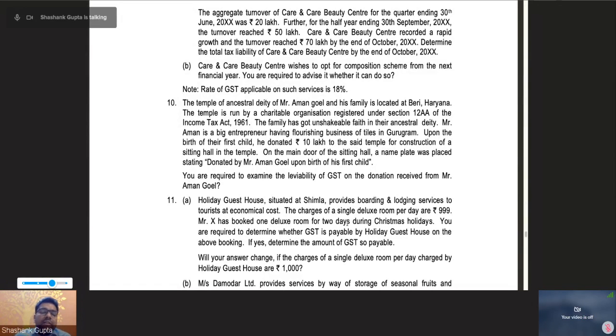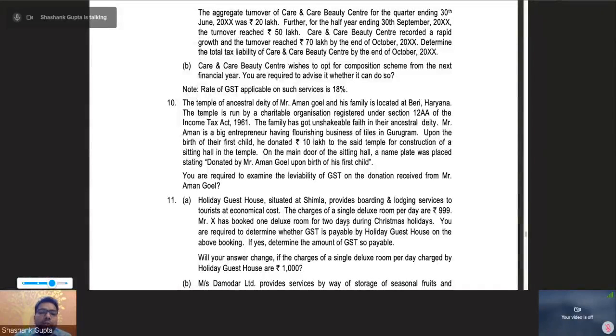Now the question which came for clarification was that generally against such donation some amount is paid. So I am donating to a temple, say 10 lakh rupees, and you construct a temple and put a nameplate that I am doing it on the happy occasion of the birth of my offspring or whatever reason.